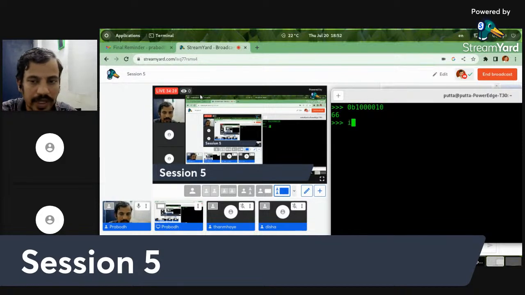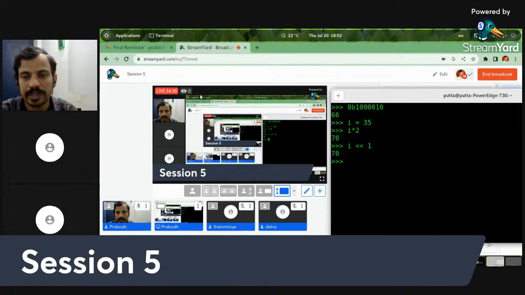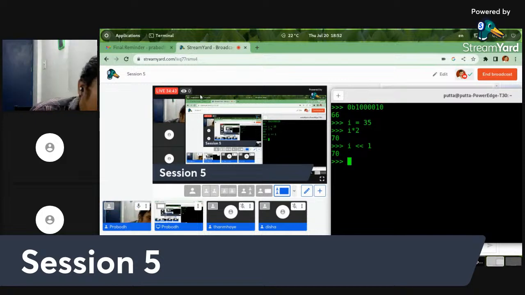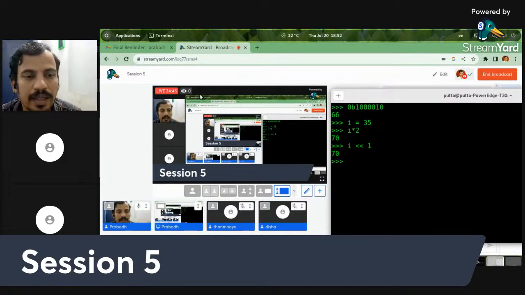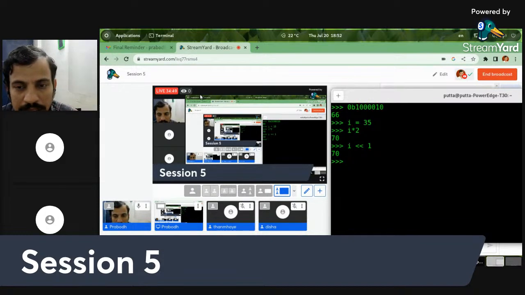So if I have I equal to 35, I star 2 and I left shift by 1 both give us the same result. But look at the computation. Which one is easier in calculating?